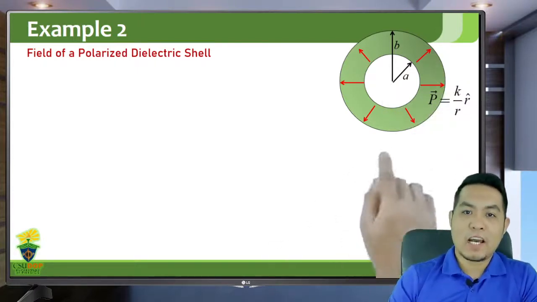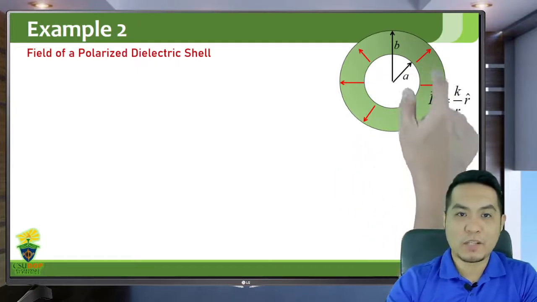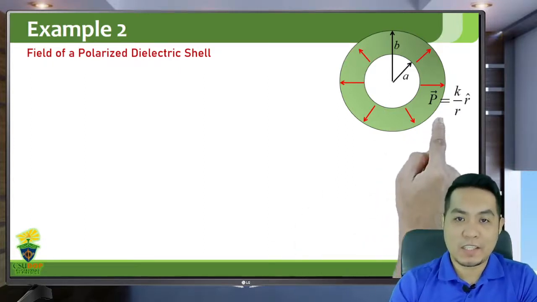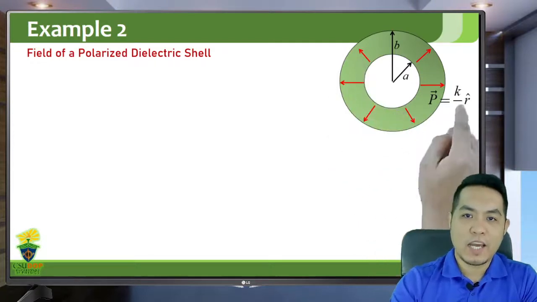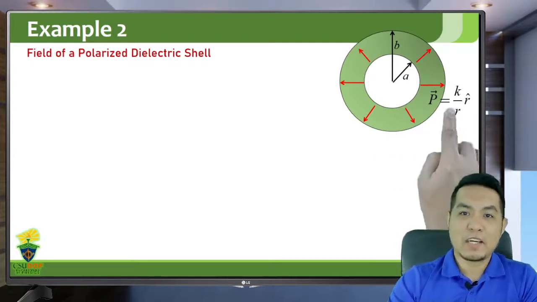And there is a frozen-in polarization within the dielectric shell because it's polarized. The polarization in this case is radial. This is the direction of the polarization. It depends inversely on r, meaning as r increases, the polarization decreases.